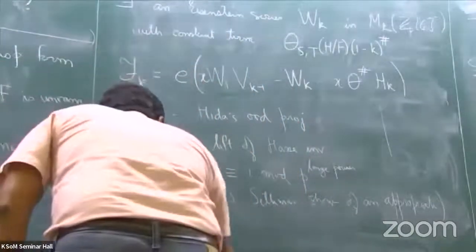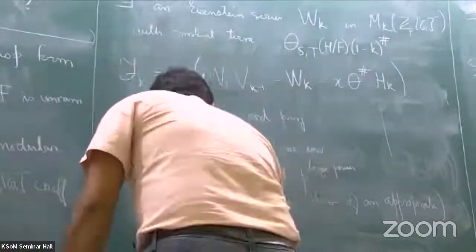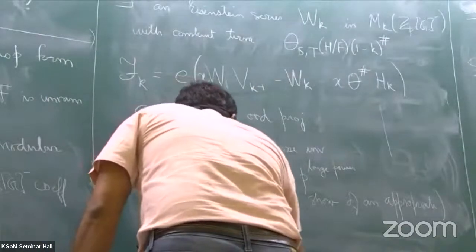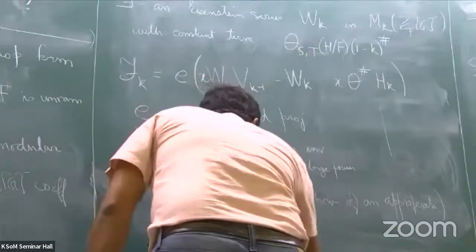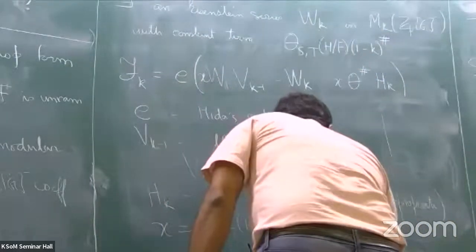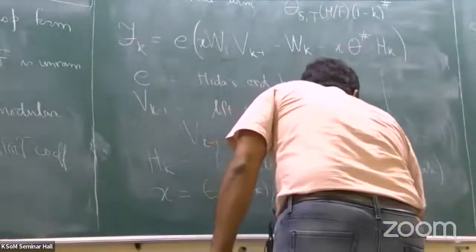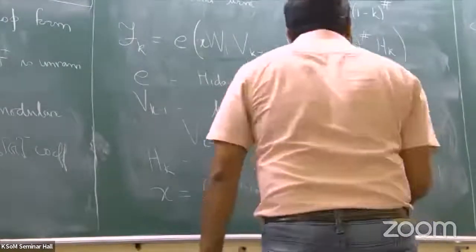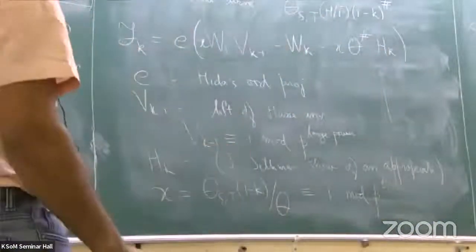And X is some weird stuff, which is theta ST. Sorry, I'm just going to stop writing X over F now. And again, this is highly congruent to 1 modulo P to the large power.